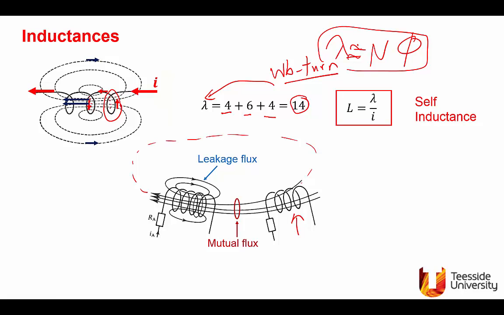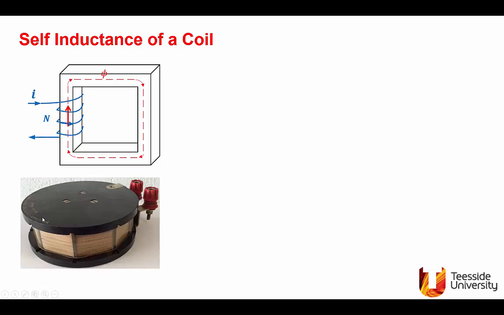We look at the self-inductance of a coil now. This is a coil. For a compact coil like this, the likelihood of all the turns being linked by all the flux lines is higher than if you have a long coil. Anyway, this coil is represented by this magnetic circuit and the flux line as shown.